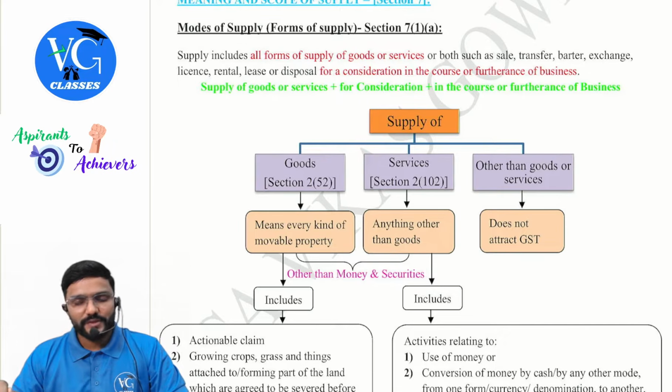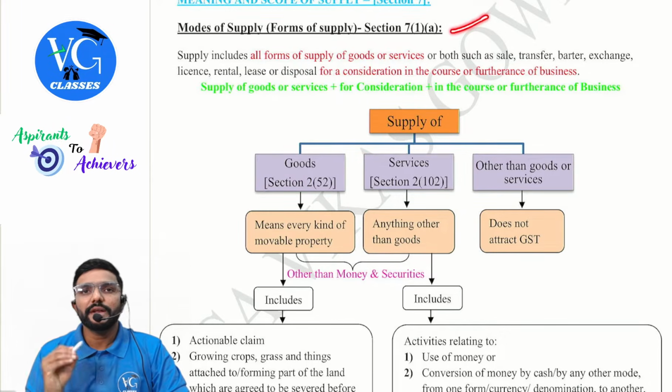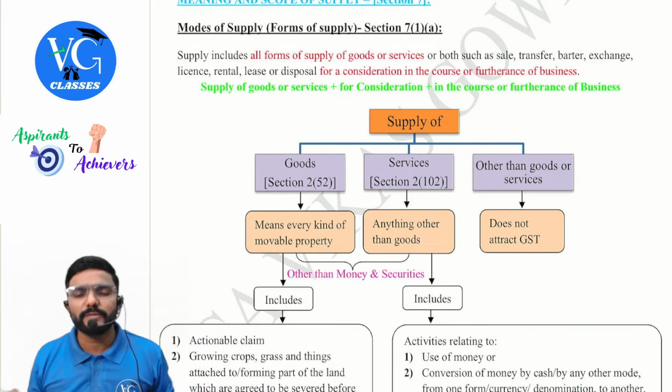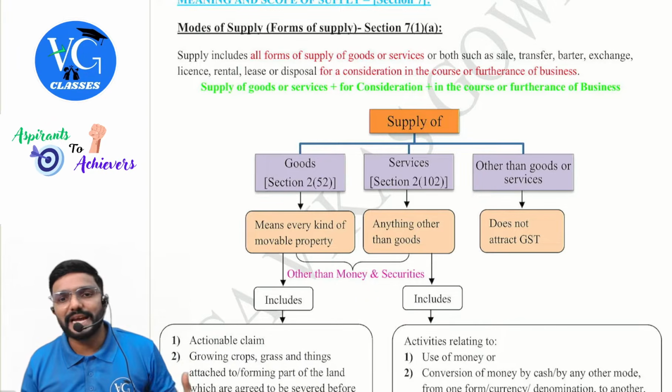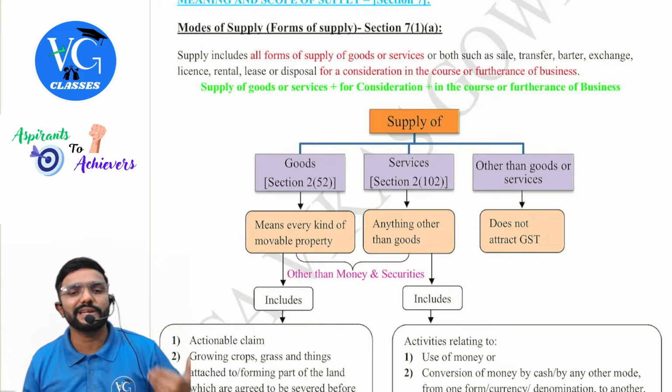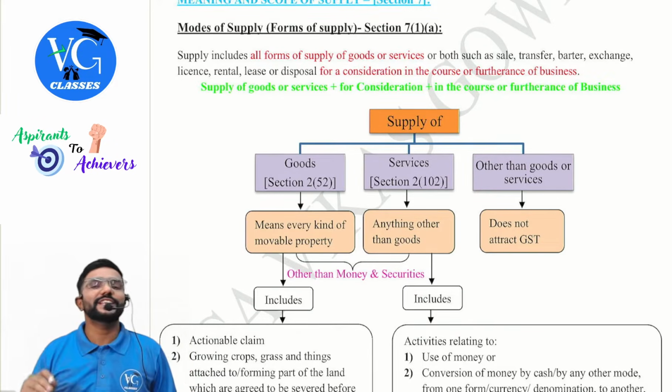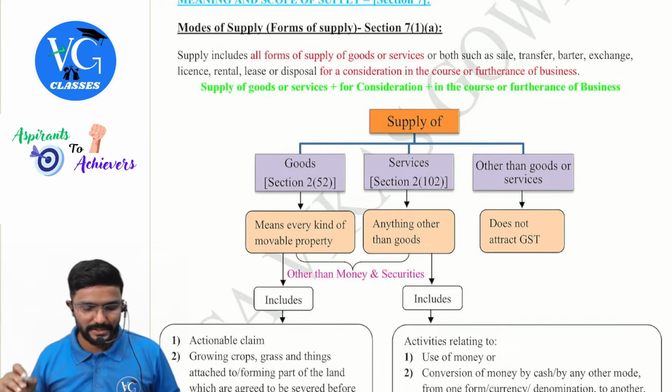Modes and forms of supply are given in section 7(1)(a). Supply includes all forms of supply of goods or services or both. Some examples are sale, transfer, barter, exchange, license, rental, lease, or disposal for a consideration in the course or furtherance of business.